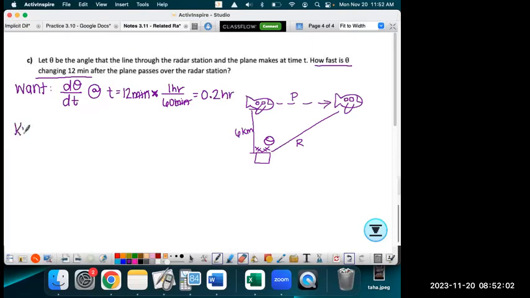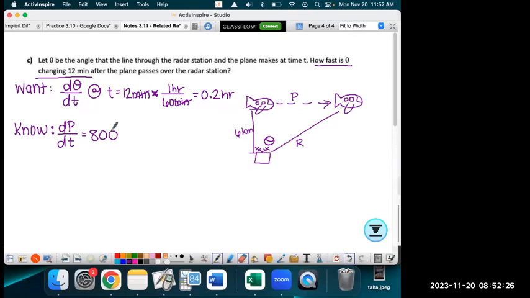And let's write down what we know. We know dp dt is still 800. That's the rate that it's traveling this entire time. The rate from the distance between the radar station and the plane, dr dt, that was changing at different rates.